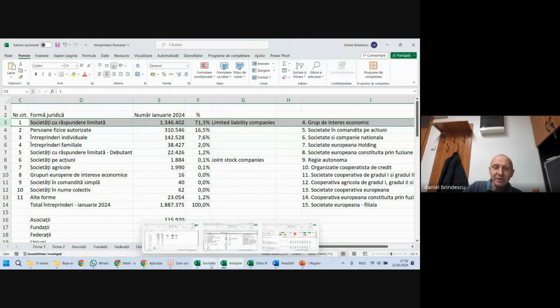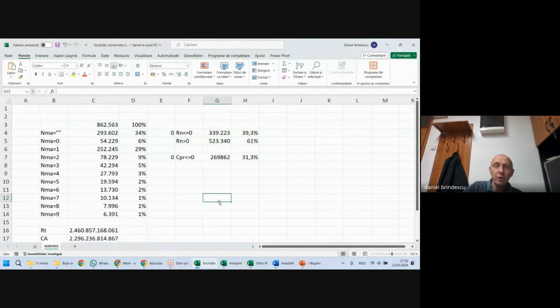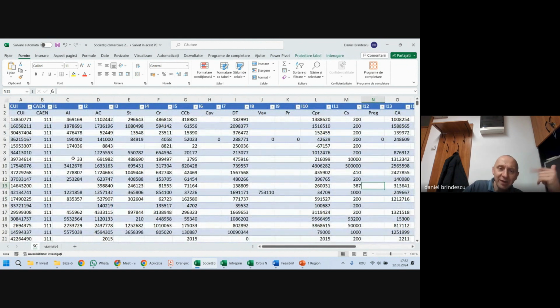Now I have these statistics, which is from 2022. It's recent because for 2023, it's only now, as you probably know, that the companies prepare their financial statements. So I have here the data from all the financial statements of the Romanian companies, but the most recent ones are those from 2022.